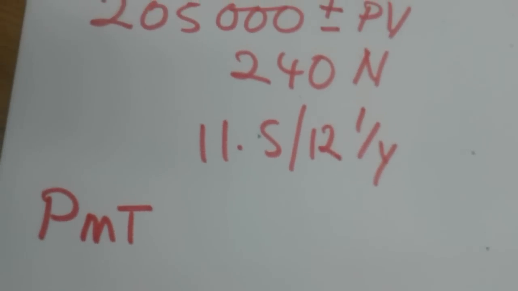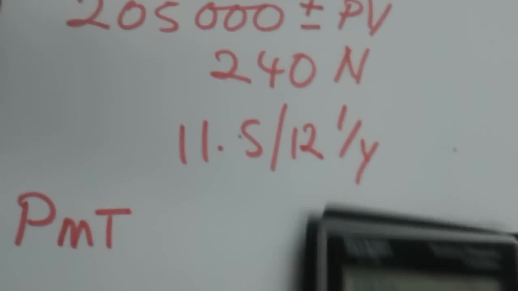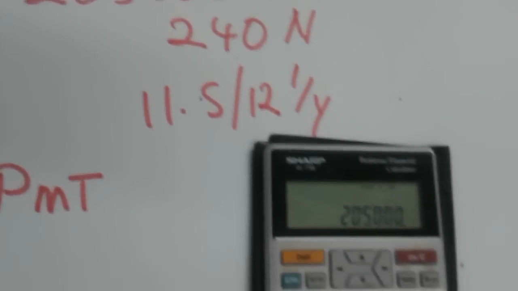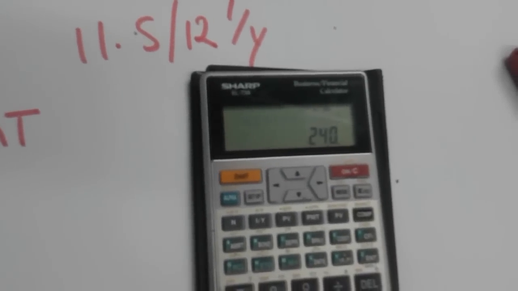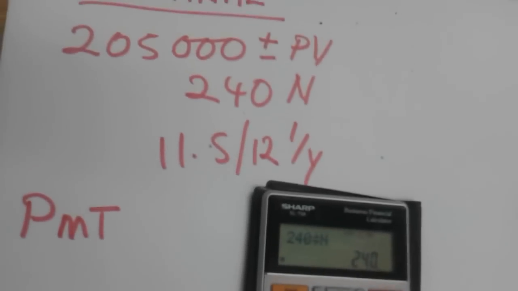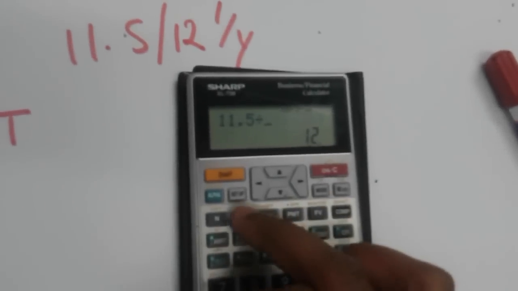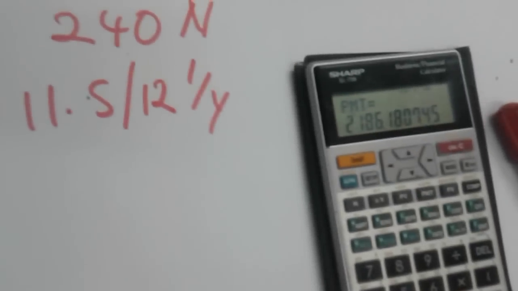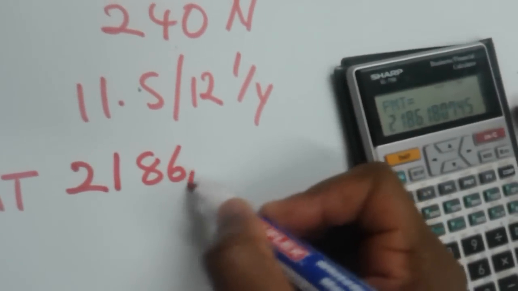Now I'm going to use both calculators, the HP and the Sharp, but I'll start with the Sharp. Okay, so let's go 205,000 plus minus, that is your PV, then 240, that is your N, and then 11.5 divided by 12, that is your I. Then compute PMT, same answer as we got before, which is 2186.18.